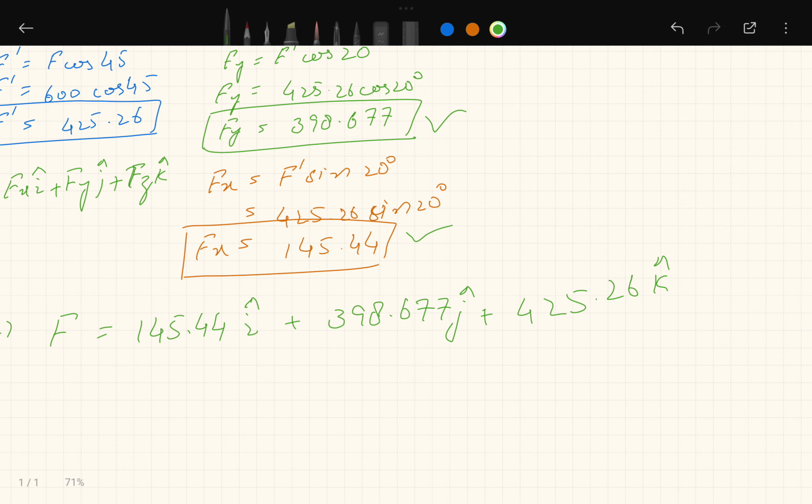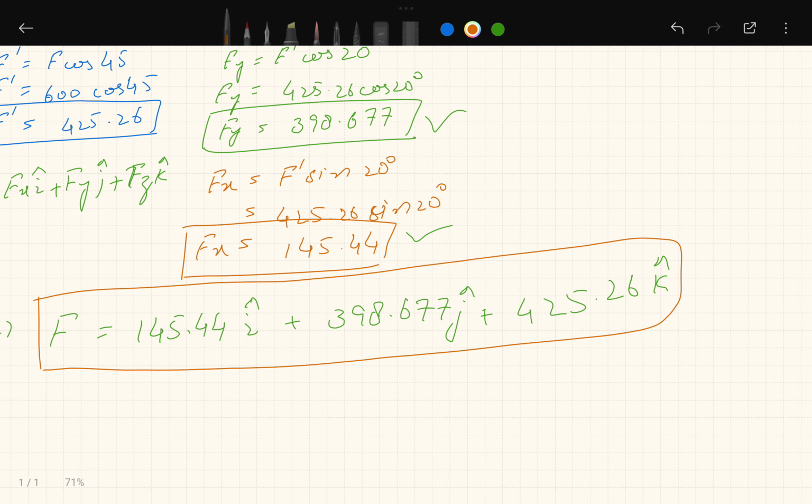So you have the final vector representing the magnitudes of each component and also the directions of each component.